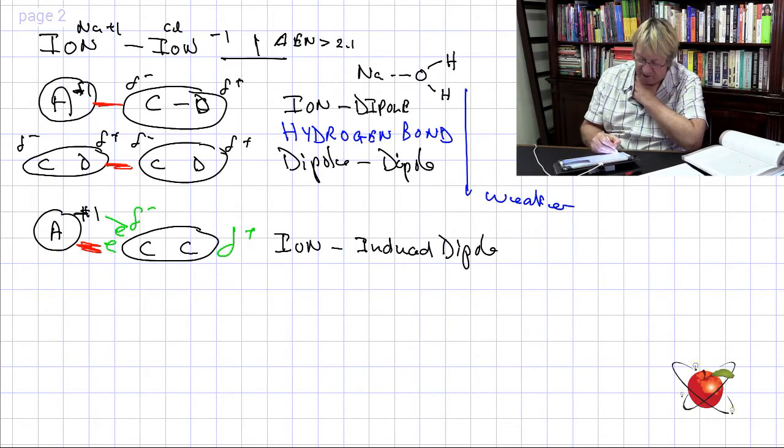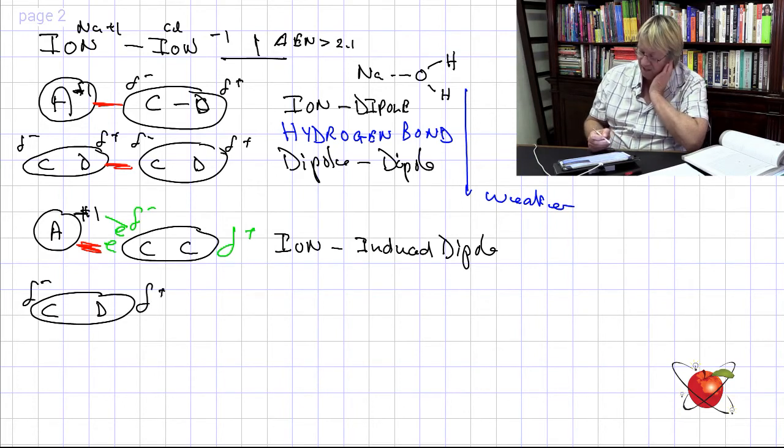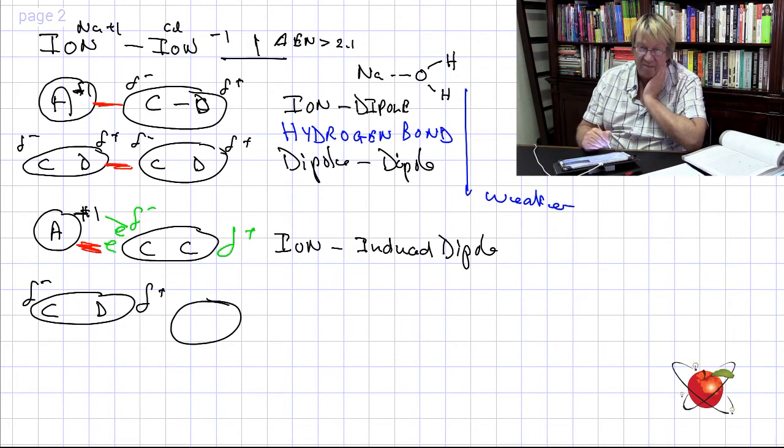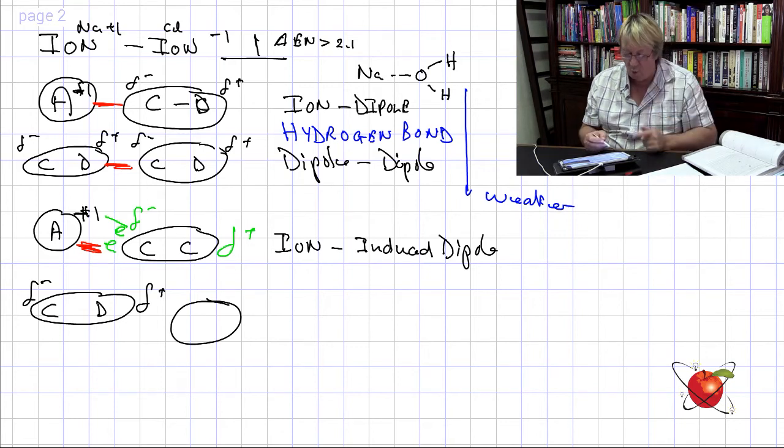If you think about the sequence, we've got our good friend CD again. CD is a dipole. C was negative, D was positive, right? Let's take this next to something that was uncharged. What happens here?